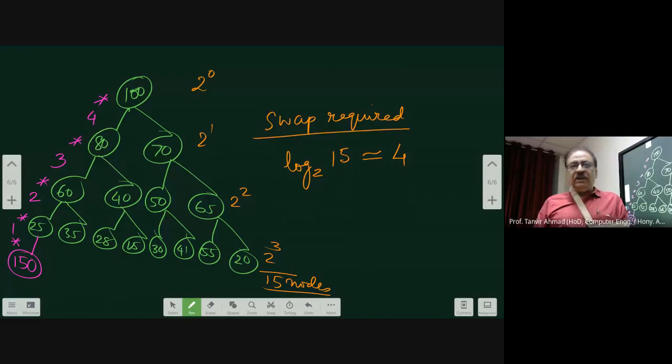Okay. Now, any particular implementation of a heap tree is normally done using an array, because that requires no space wastage. Otherwise, if you use a normal tree and implement it as an array, you are going to waste a lot of space, because there will be a lot of space in the middle which will be unutilized.